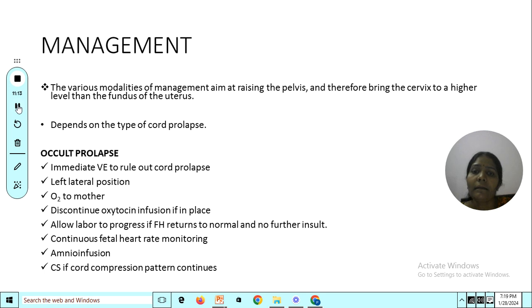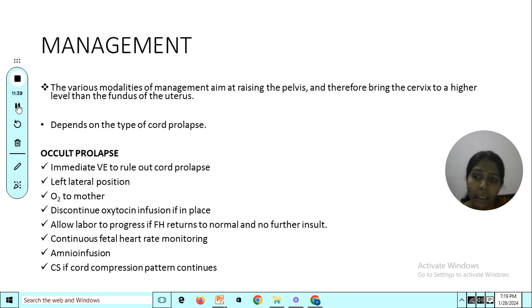This aims at raising the pelvis and therefore bringing the cervix to a higher level than the fundus of the uterus. This is one important measure by which we can prevent compression of the cord, and the further management depends on the type of cord prolapse.